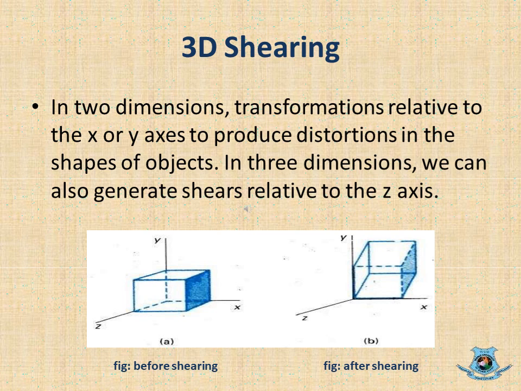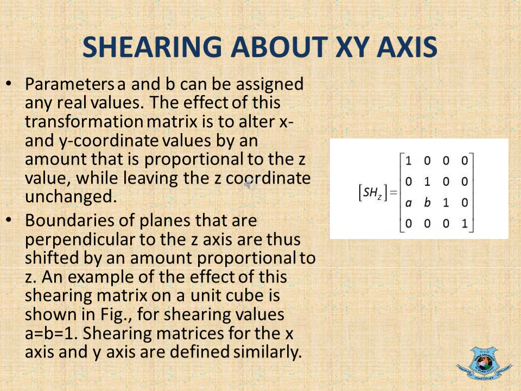In figure A, the actual object is shown, and in B, after shearing, we can imagine the object in the two-dimensional way, with transformations relative to the x or y axis producing distortions in the shape of the object.